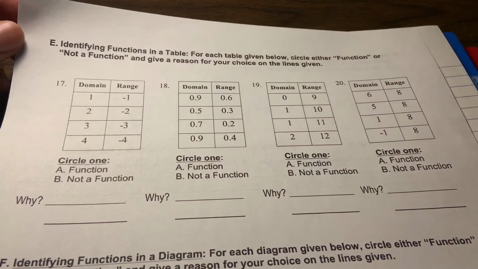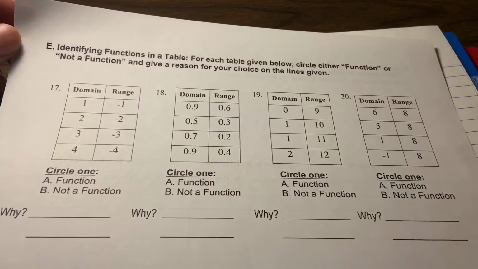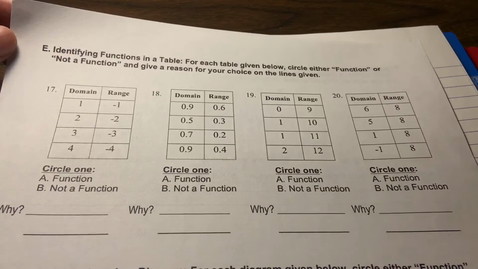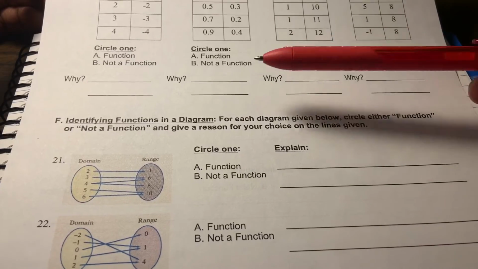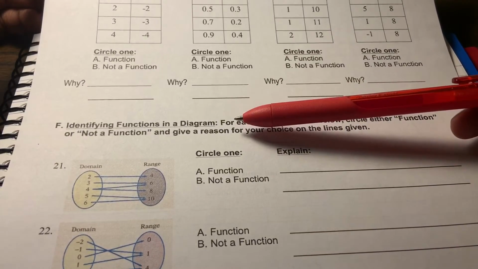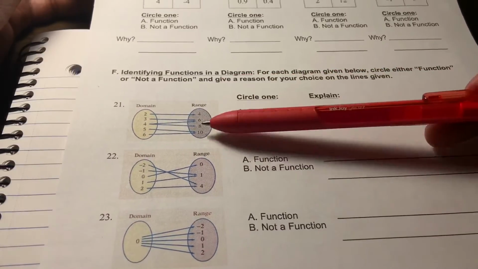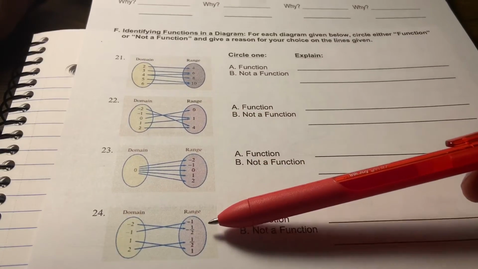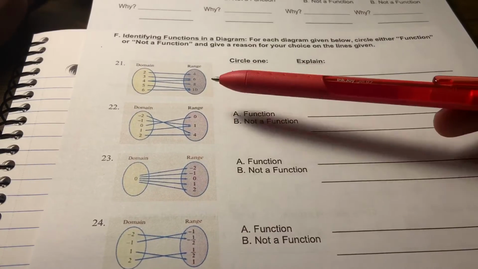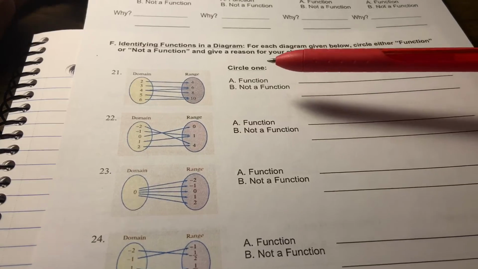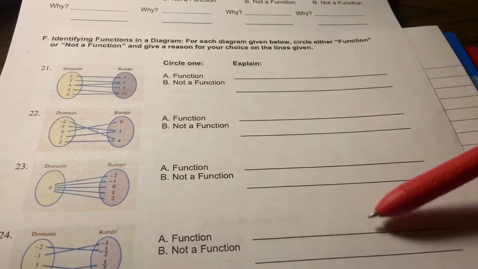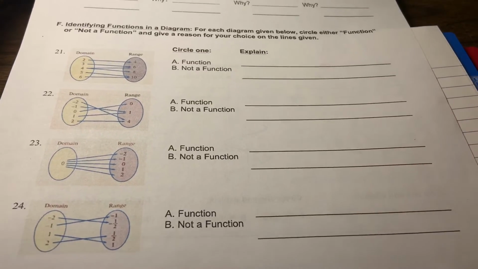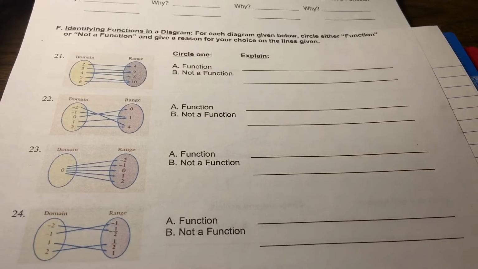Function or not a function, circle the answer and give me the reason why on the lines. Part F, identifying functions in a diagram. I'm giving you 4 diagrams. Look at the diagram, circle A function, B not a function, write the explanation on the side. Very simple, you got this.